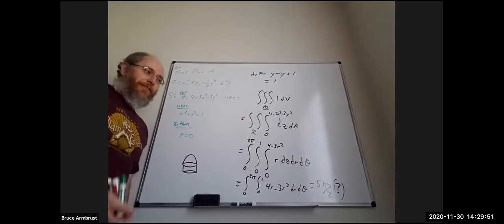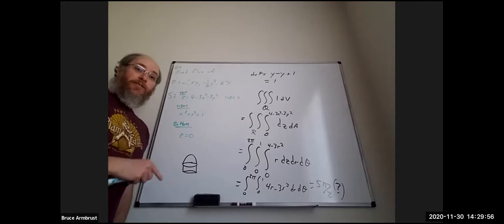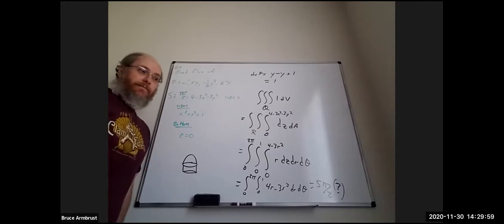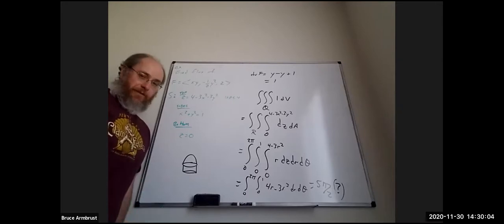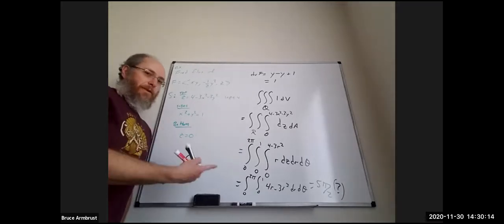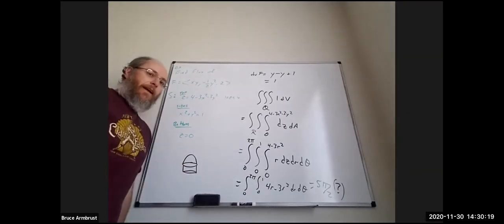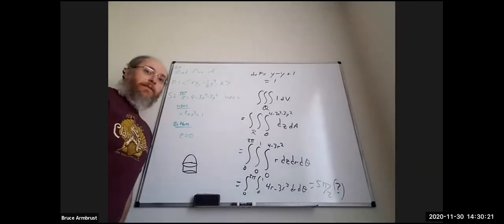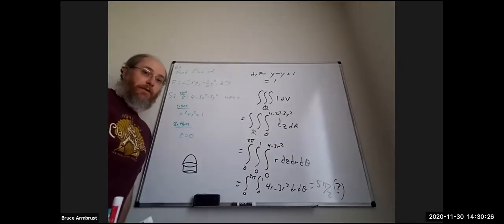All right, good, Victor. You were just anticipating what I was about to say. So that definitely does mean that there is a source on the inside. So if we were talking about whatever kind of field, and I don't care if it's electric field, magnetic field, gravitational field, whatever, this would mean that inside this surface, somewhere in there, is a source, something that's producing whatever stuff is that's flowing.